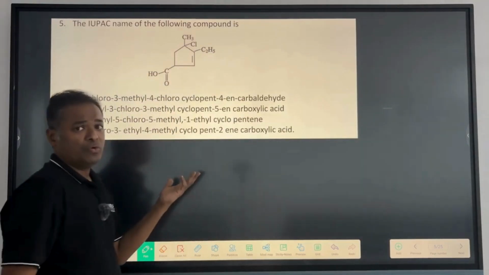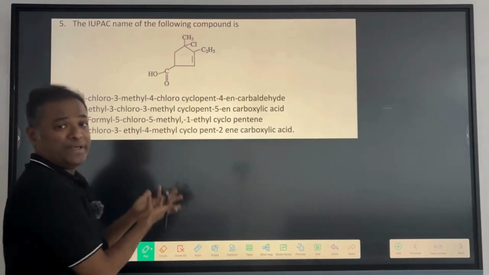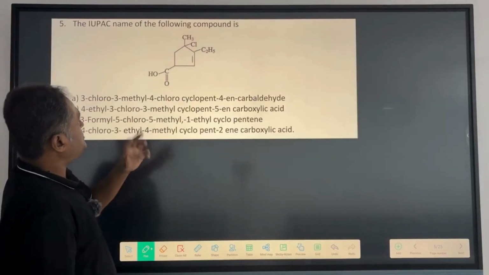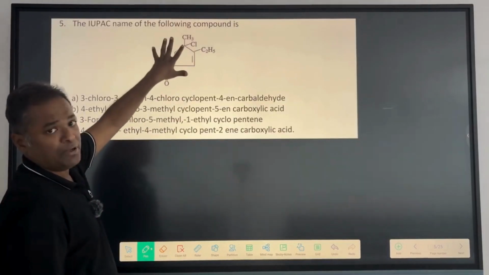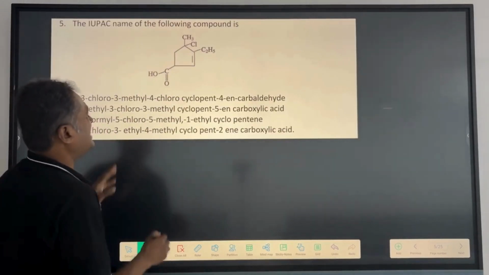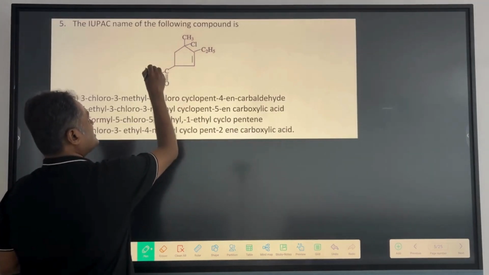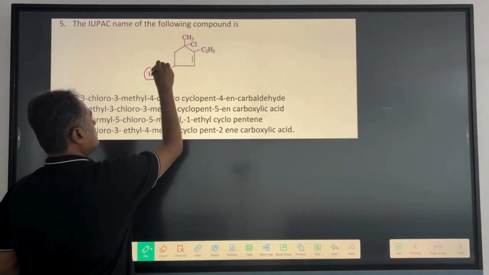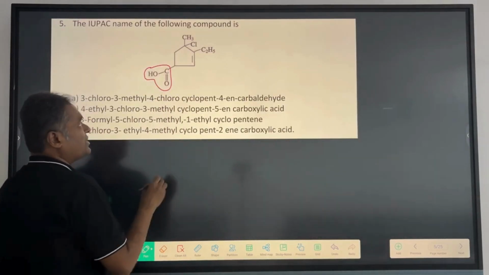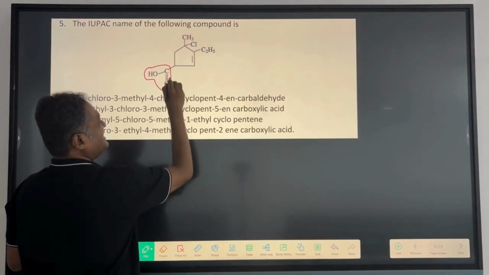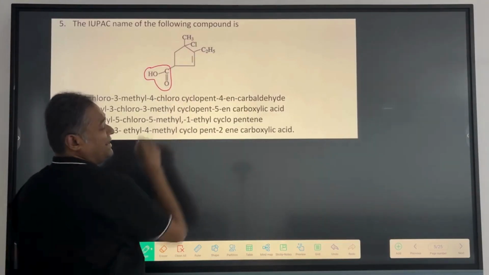Again it's an MCQ based on UPSC. Whenever you have this type of example, if you notice there is a carboxylic acid. First, the very important thing is that this is the main principal group, point number 1. Second, the parent chain in this is cyclopentane.